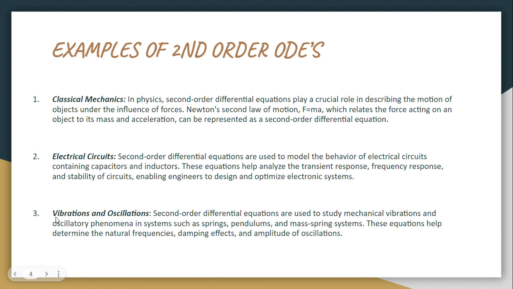The third one is vibrations and oscillations, for example pendulums, springs, and mass-spring systems. These equations can help us determine the natural frequencies, the damping effects, the amplitude, and also the wavelengths of the oscillations of the entire system.